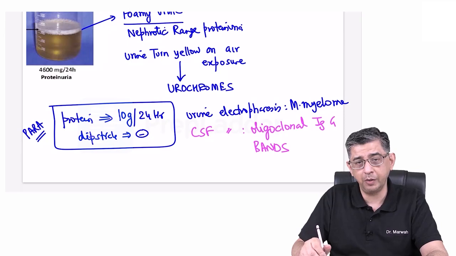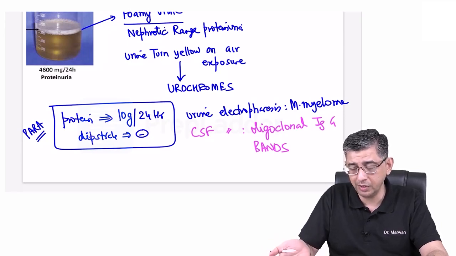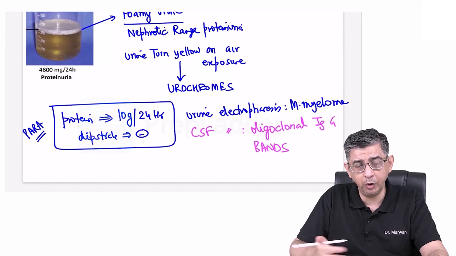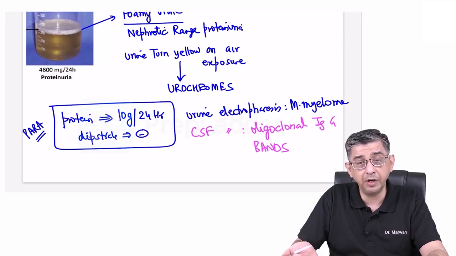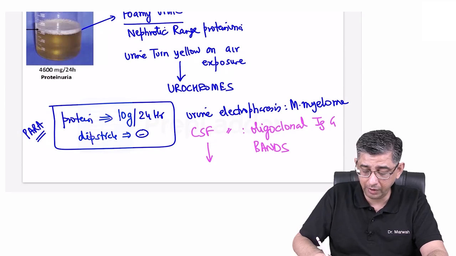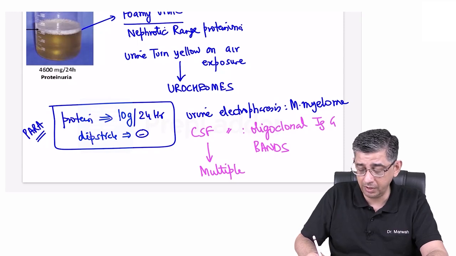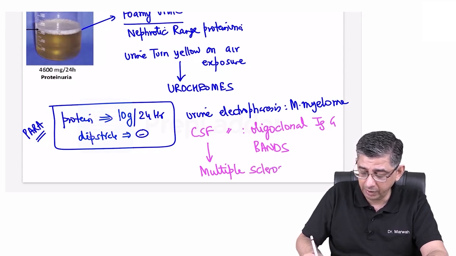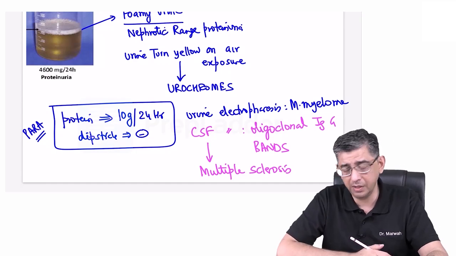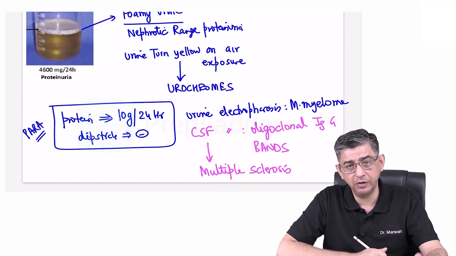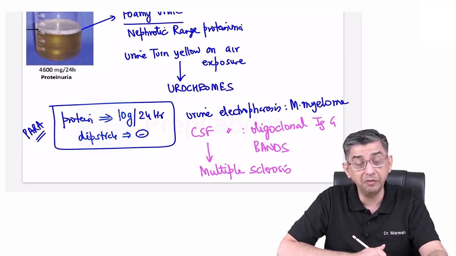Just like you are comfortable with urinary electrophoresis producing an M spike for multiple myeloma paraproteins, I think all of you are comfortable with the fact that the autoimmune disorder I'm asking you here, where you get Uthoff phenomenon, where the neurological symptoms appear on heat exposure or on exercise by a patient, is multiple sclerosis. So two related questions here: urine electrophoresis and CSF electrophoresis for this information.